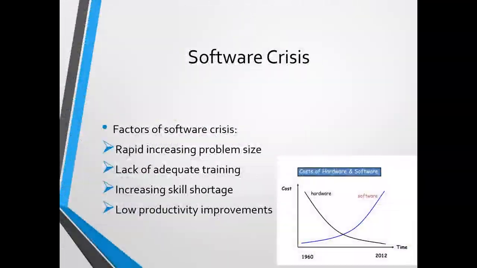Now we will discuss the different factors responsible for the software crisis. In the present scenario, many customers are spending much more on buying software than on buying hardware. If this trend continues, we might soon have a rather amusing scenario.